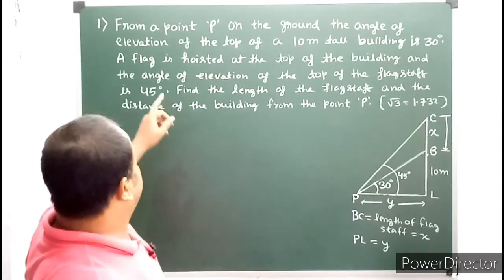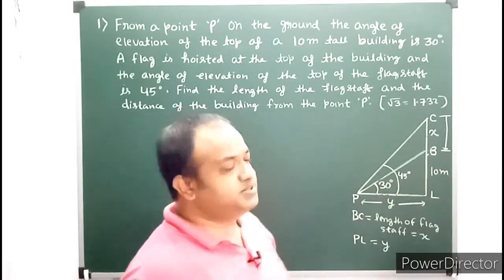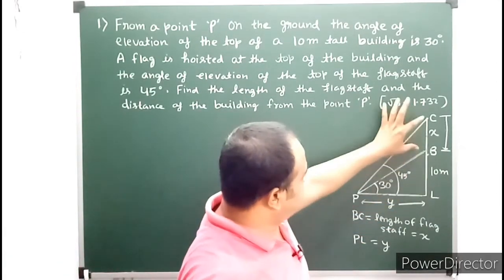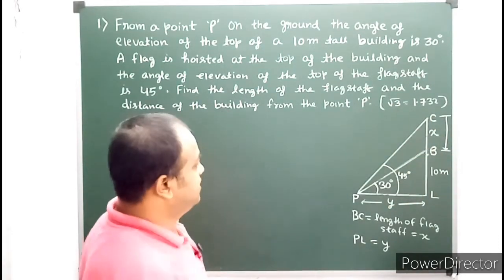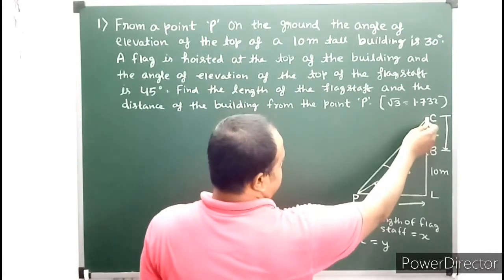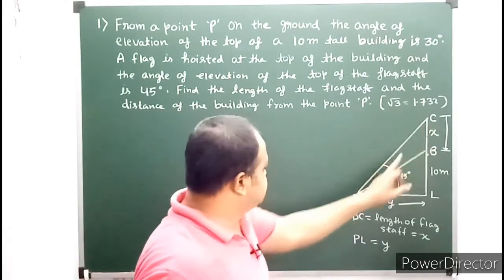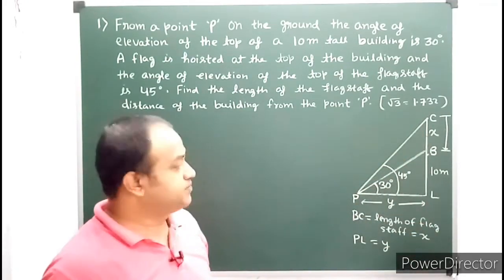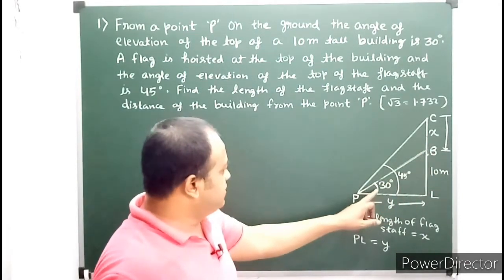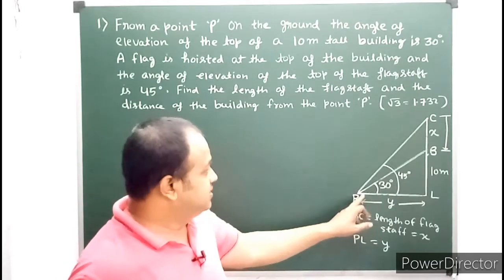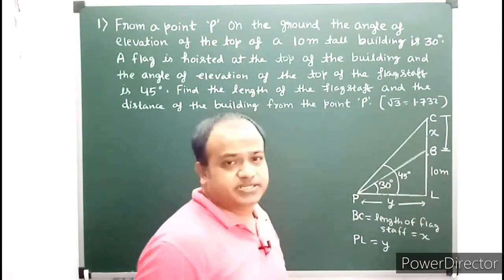In this question, there is a building BL whose height is 10 meters, and over the building there is a flagstaff BC whose length we have to find. The top of the flagstaff makes an angle of 45 degrees, meaning angle CPL is 45 degrees, and the top of the building, point B, makes an angle of elevation of 30 degrees at point P. It means angle BPL is 30 degrees.